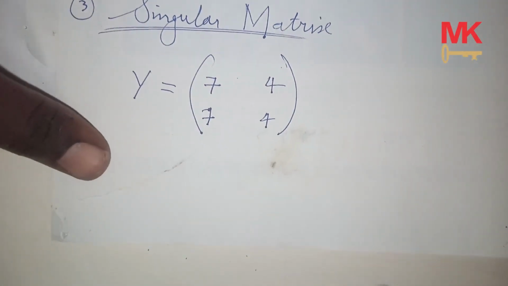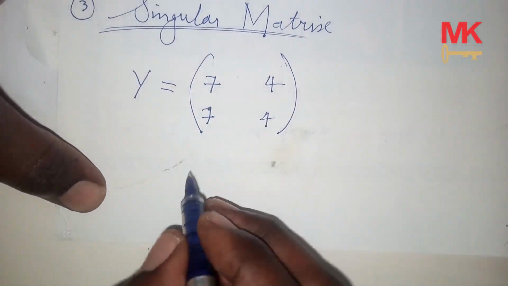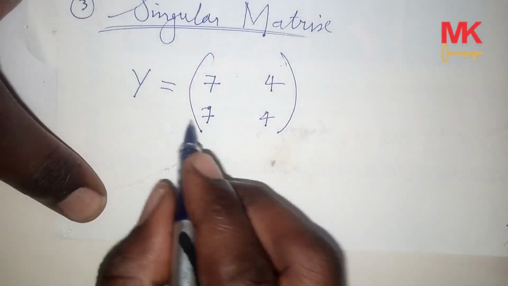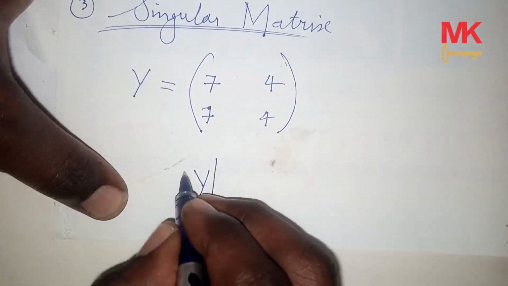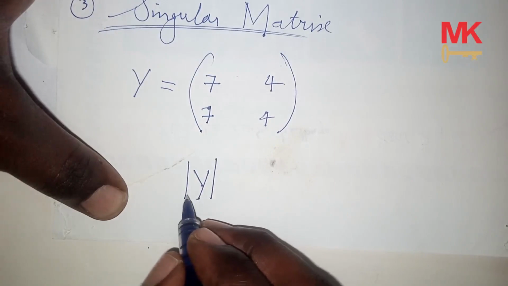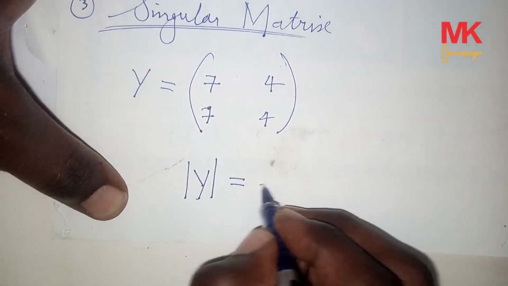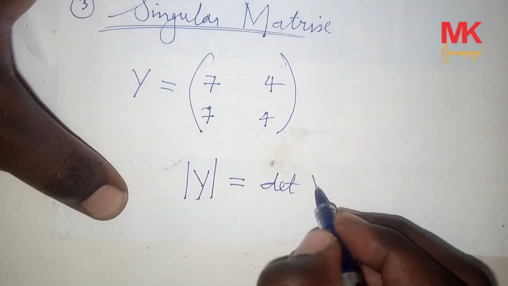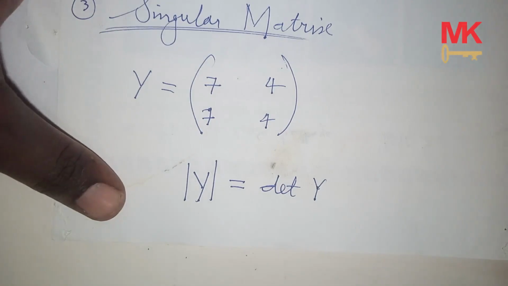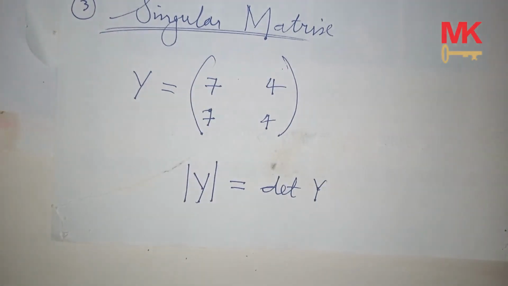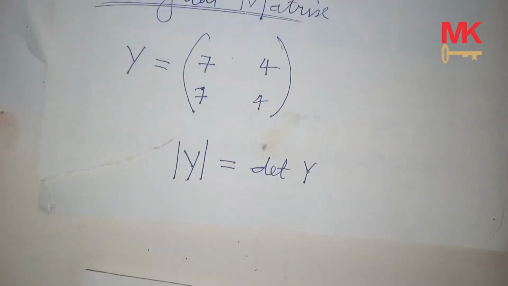The determinant of a matrix, which is what we're going to cover, is denoted like this if we're talking about the determinant of the matrix Y. It's often calculated by multiplying the trailing diagonals and subtracting from the leading diagonals.